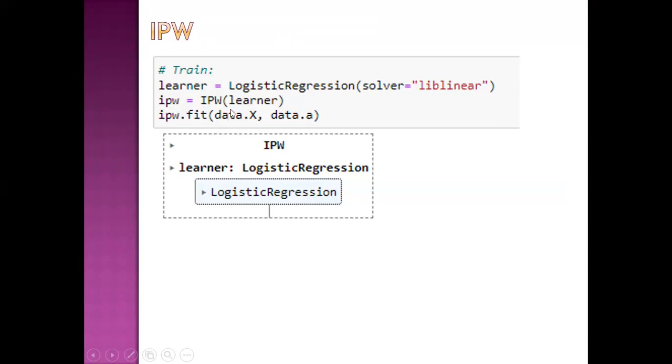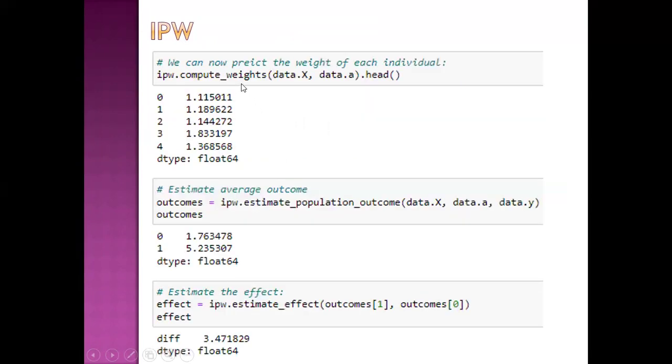First of all, we frame our learner and the background method is logistic regression again. This is the same code as we have seen before. So we fit IPW. Then we compute the weights. So these are the inverse propensity weights. And then we estimate the average outcome and average treatment effect, which is 3.47 in our example.